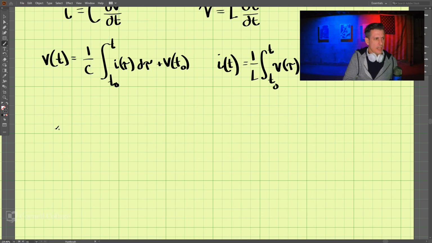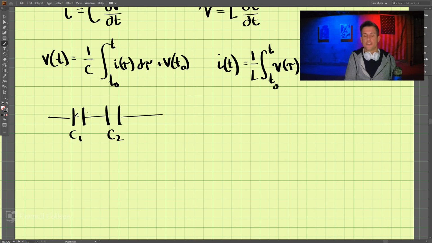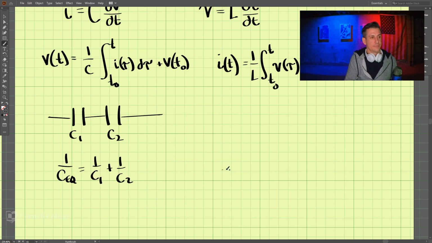Furthermore, if we have C1 and C2 in series, the equivalent capacitance is 1 over C1 plus 1 over C2.